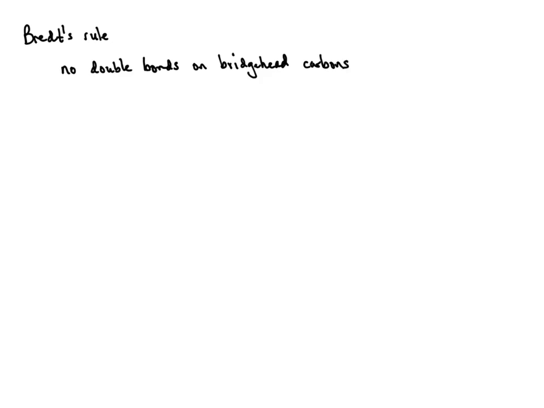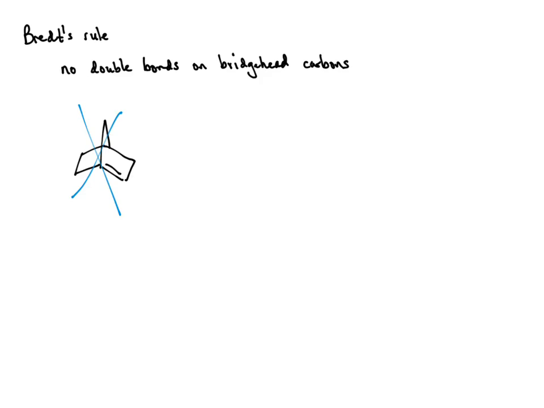So no double bonds on bridgehead carbons. The reason for this is that there's no overlap of atomic p orbitals to create a pi C-C bond. And so let's say we had the following example. And so let's say we had this alkene here. Now I just said that you can't have a double bond on a bridgehead carbon.